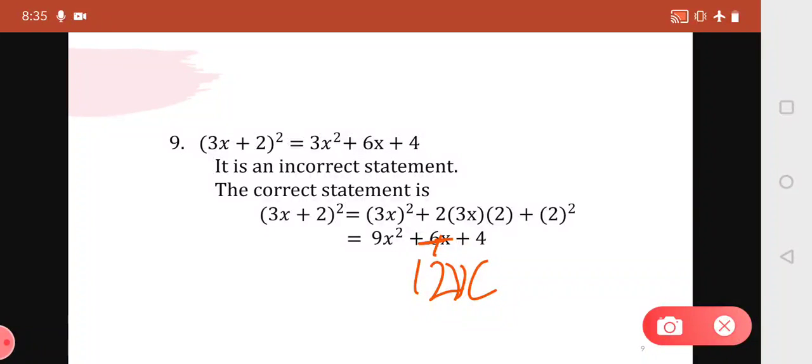I have written 6x intentionally, only to show these errors. You have 9x square, but here you have written 6x, which is wrong. It should be 12x. This is the correct statement.